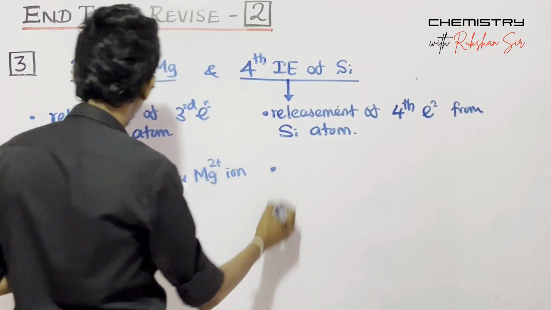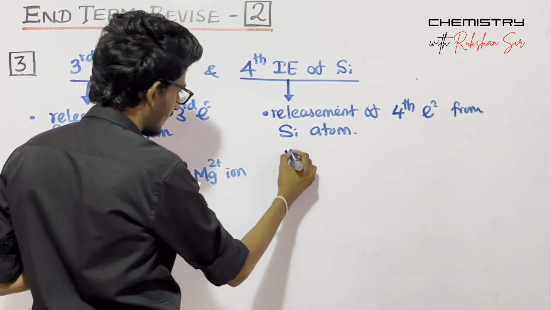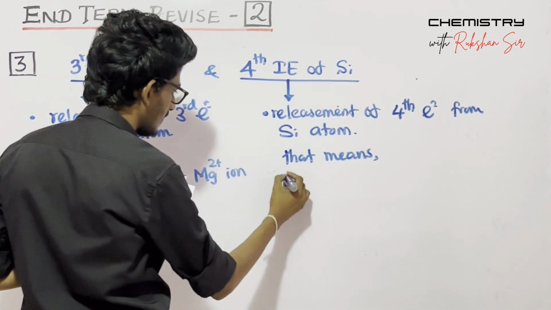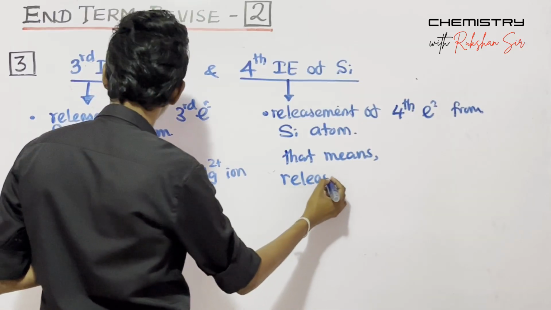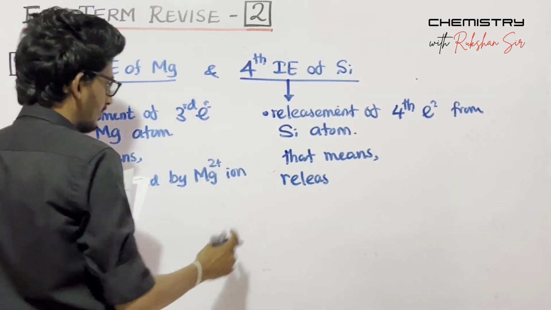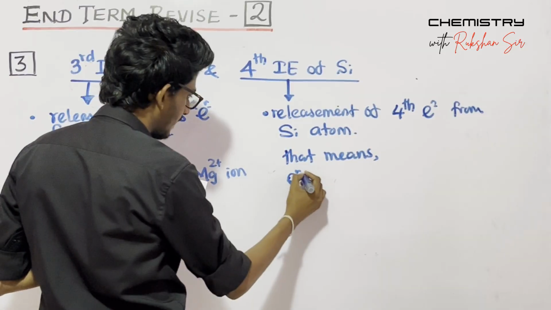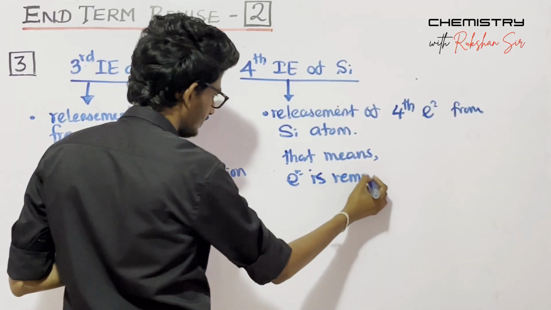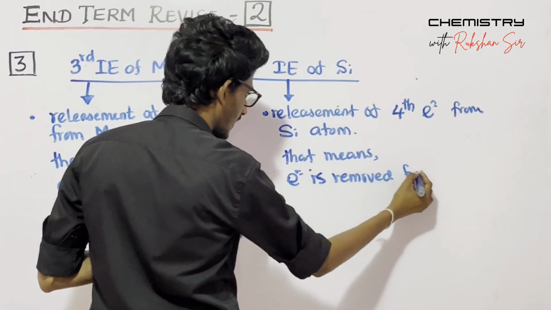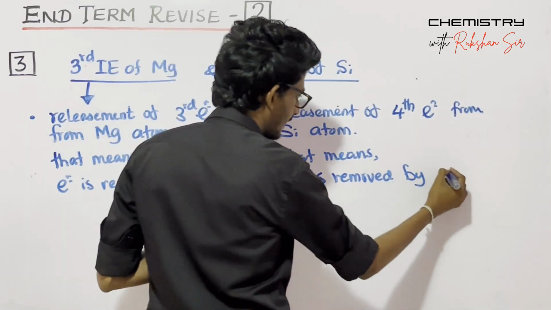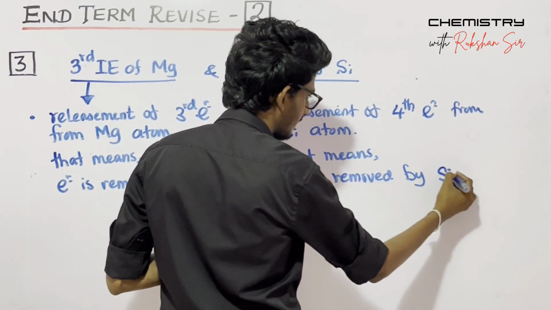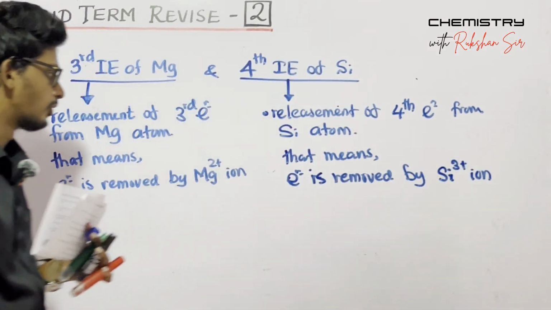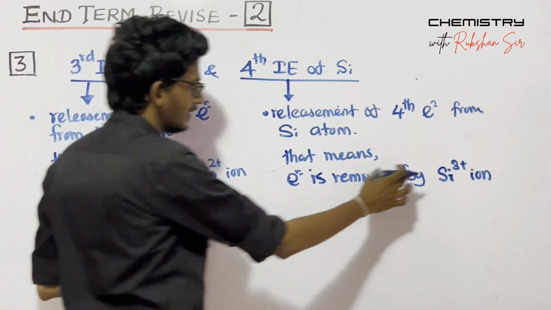In other words, the electron is removed from the silicon 3 plus ion.